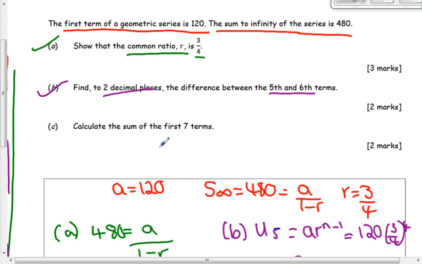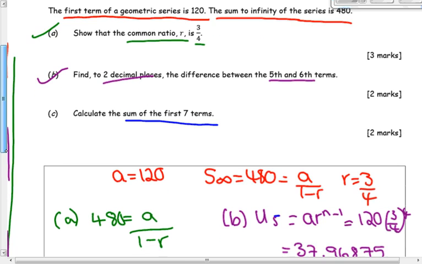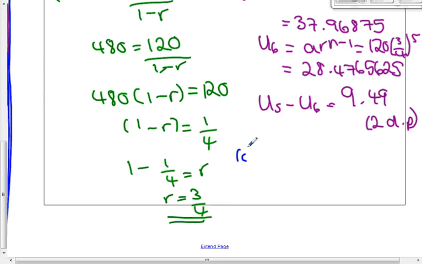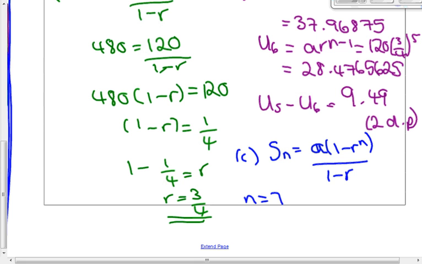Moving on to part C, I'm asked to calculate the sum of the first 7 terms. So now I'm going to be using S of n, which is equal to A times 1 minus R to the power of n, all divided by 1 minus R, where n is 7, A is 120, and R is 3 over 4.